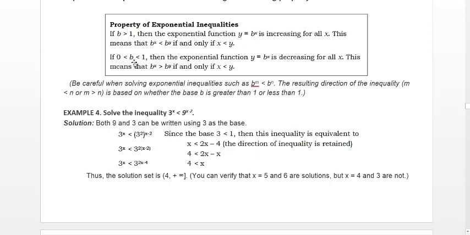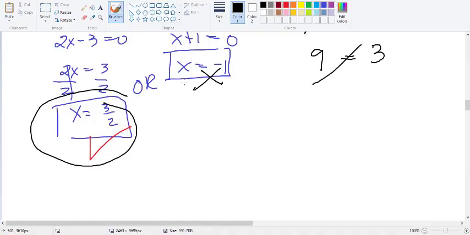Okay? But if b is in between 0 and 1, the sign will change. B raised to x now is greater than b raised to y if and only if, kahit mas malaki ang x sa y, baka nalito kayo ng konti. No? Let's see, ha. Ganyan siya, di ba?